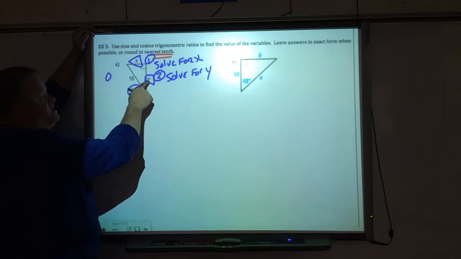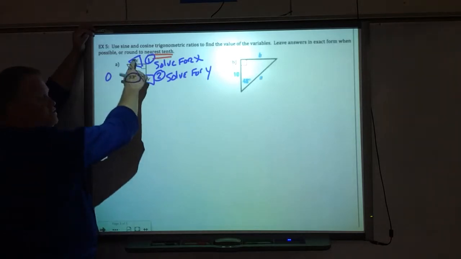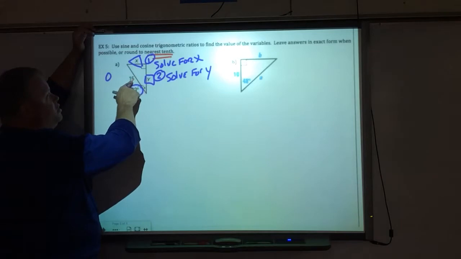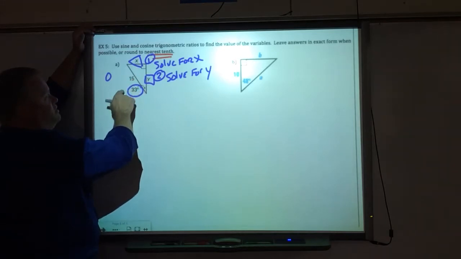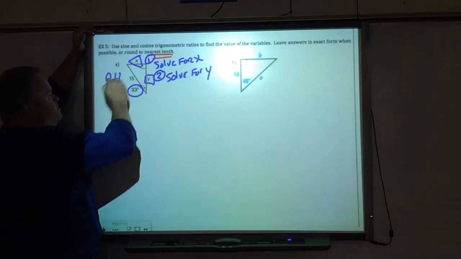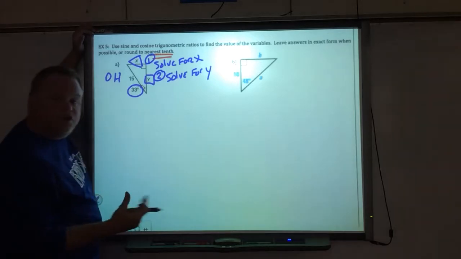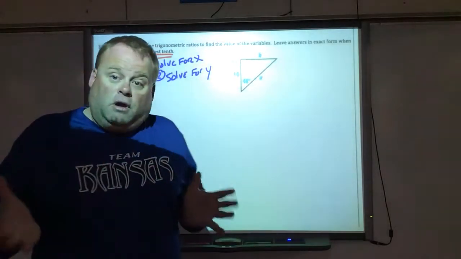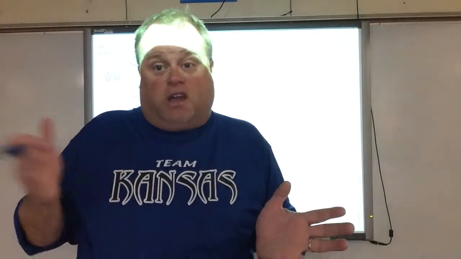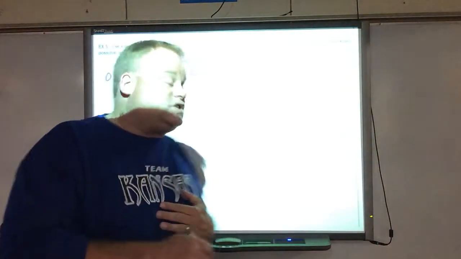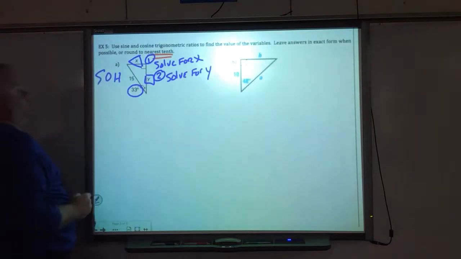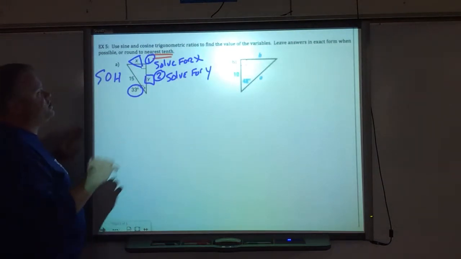Well, y is adjacent, but I can't do x and y at the same time. But look, I've got a hypotenuse. So I've got an h. What's the only trigonometric ratio between SOHCAHTOA and TOA that has an H and an O? That's right, it's SO. So I'm going to use the sine. I'm going to use SO.